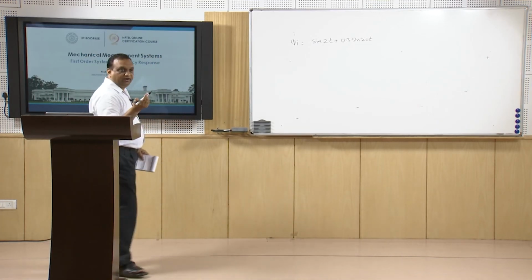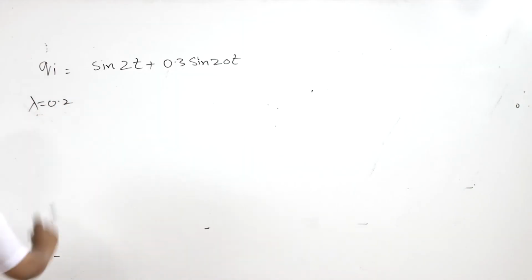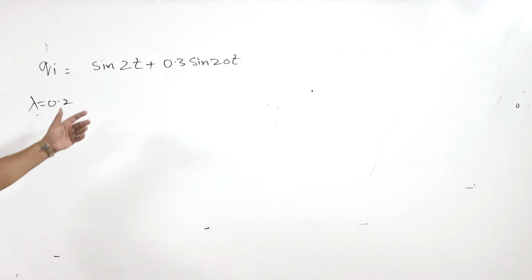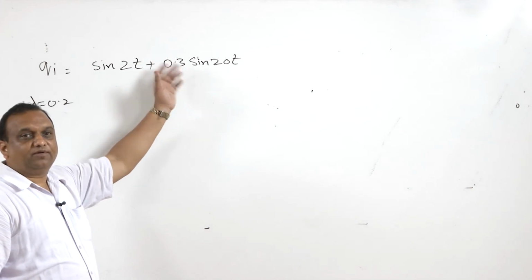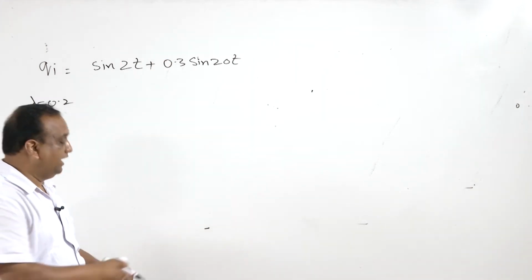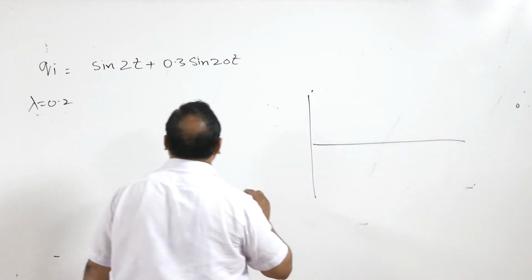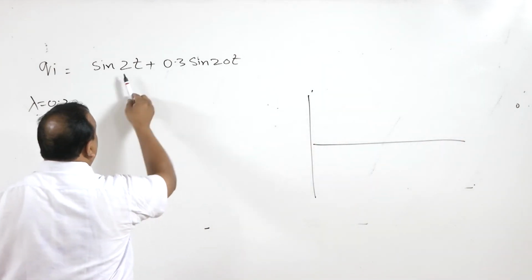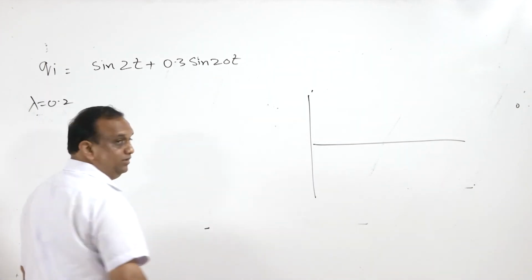And the time constant of the instrument is, let us say, lambda is 0.2. Now, in this case, the two waves will be superimposed on each other. Here the frequency is 10 times of this one: this is omega 2, this is omega 20.